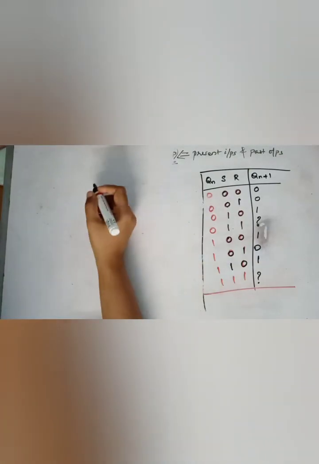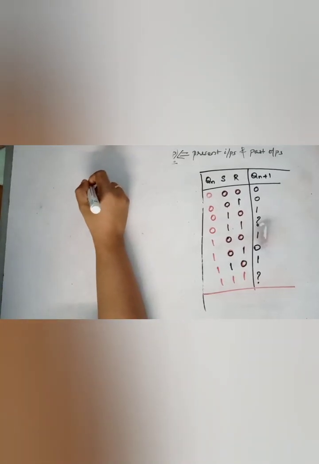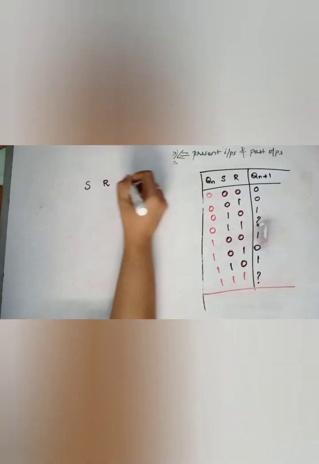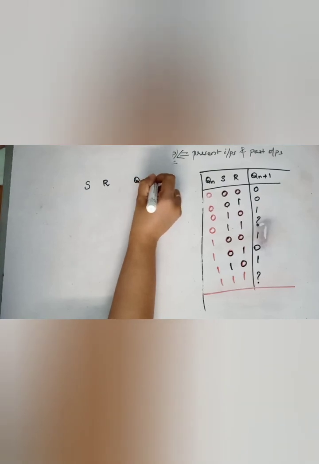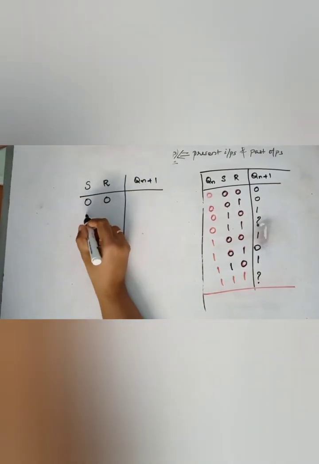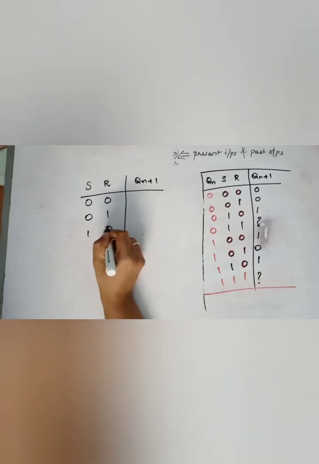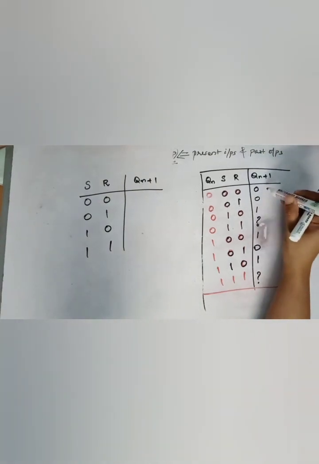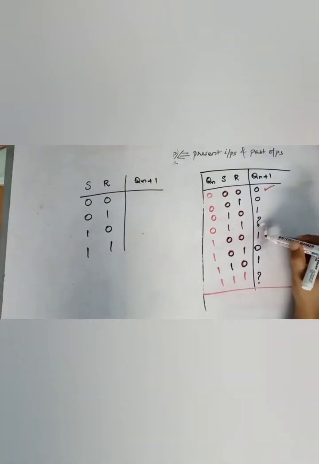Now what we are going to do, this is the big truth table. Now we are going to formulate a small truth table. This is Qn plus 1. We are not considering Qn here. So from here, SR, two inputs. So it is 0 0, 0 1, 1 0 or 1 1. So SR 0 0 means this and this.